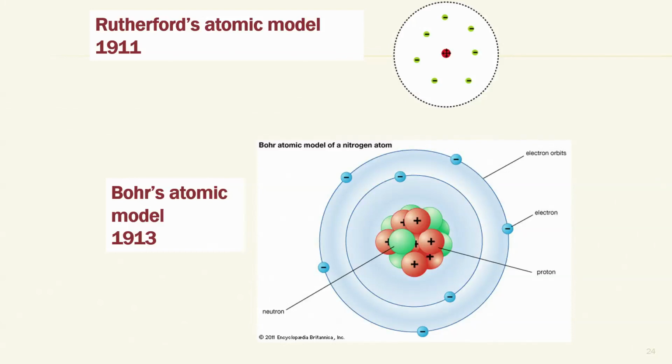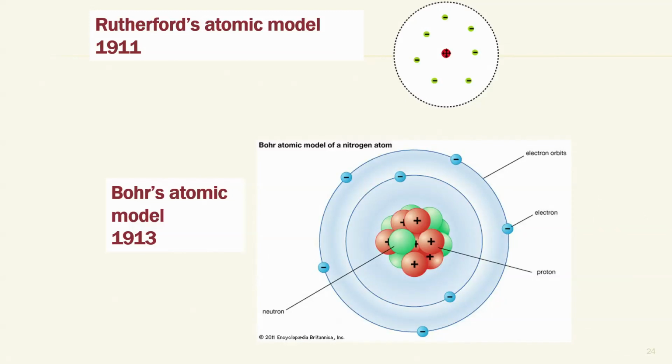Now, the next model, Bohr's atomic model, improved upon that. What he said is there are positive protons at the center and then negative electrons around it, but they are all going round and round in fixed paths.